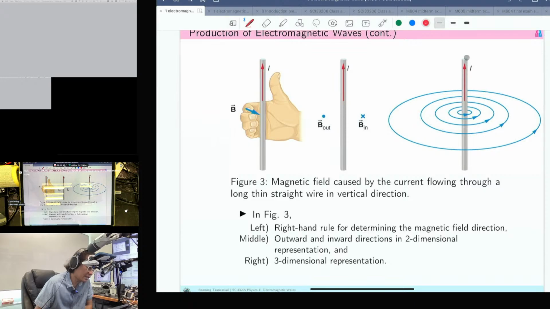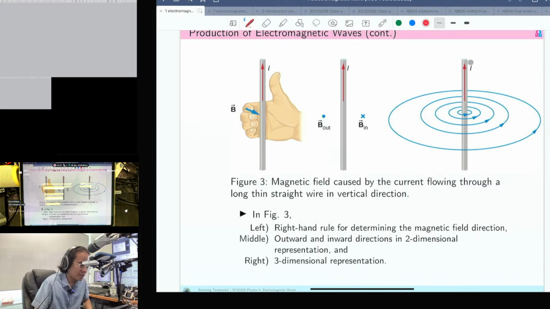But one thing is that if you increase the amount of current flowing through this conductor or copper wire, you're going to get a higher amount of magnetic field. If you don't have any current flowing at all, you will not be able to observe the magnetic field.